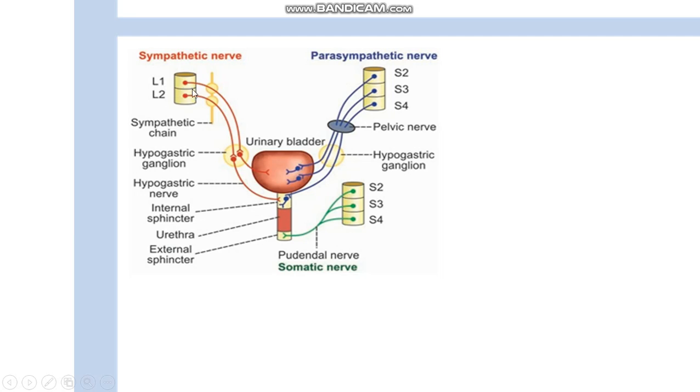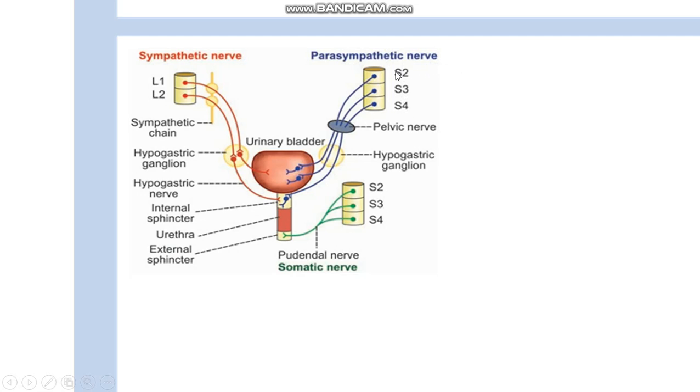The sympathetic nerve supply to the bladder is from L1, L2 segments. The parasympathetic nerve supply is from S2, S3 and S4 segments. And the pudendal nerve, that is the somatic nerve supply, is from S2, S3, S4.